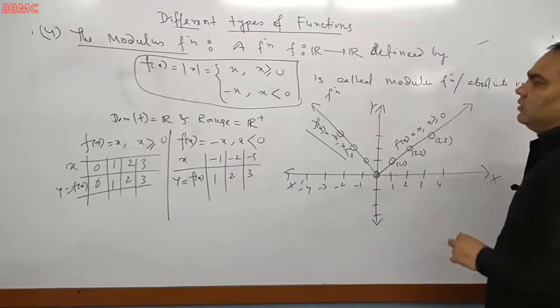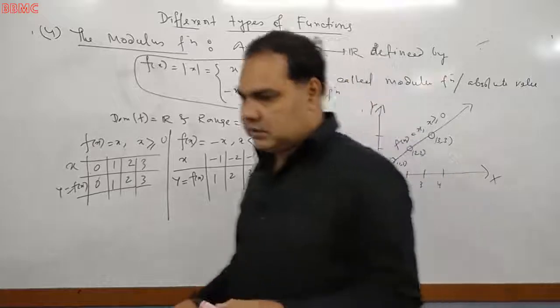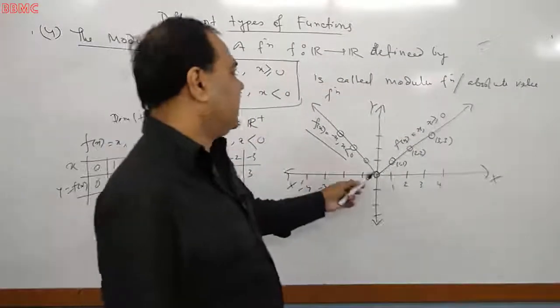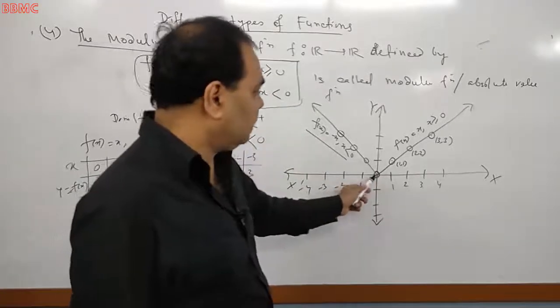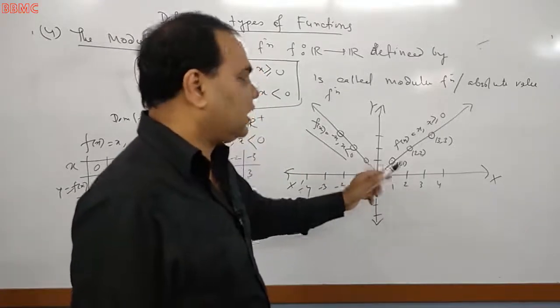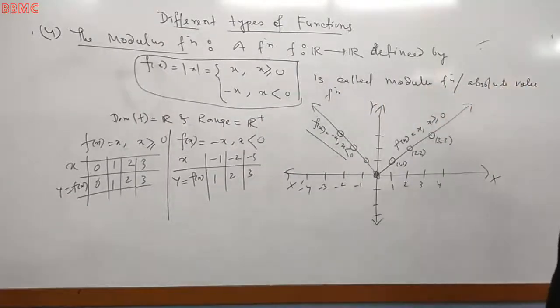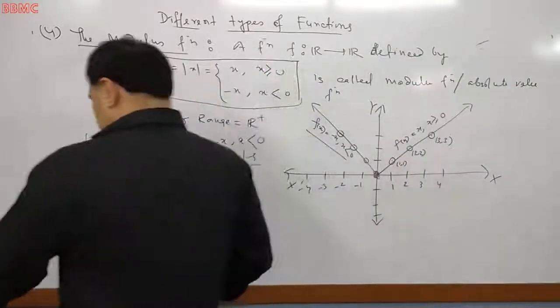It will come later, when we go through the continuity chapter, I can say from the graph that the modulus function is continuous at x equal to 0. I think everybody is clear? Okay, so this is the definition of a modulus function.